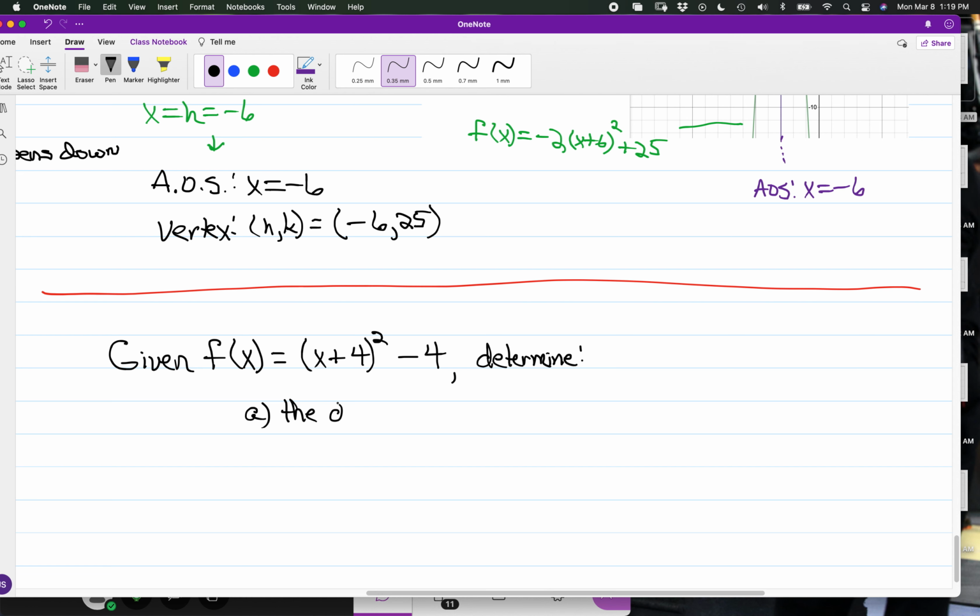Once again, in somewhat familiar terrain, you have the direction that f of x is going to open. And once again, the axis of symmetry. Again, we have the vertex.